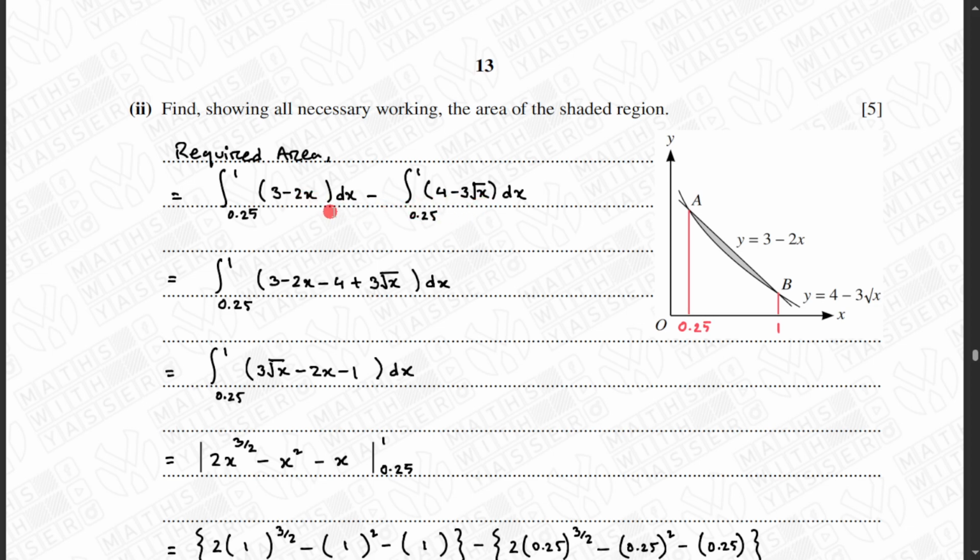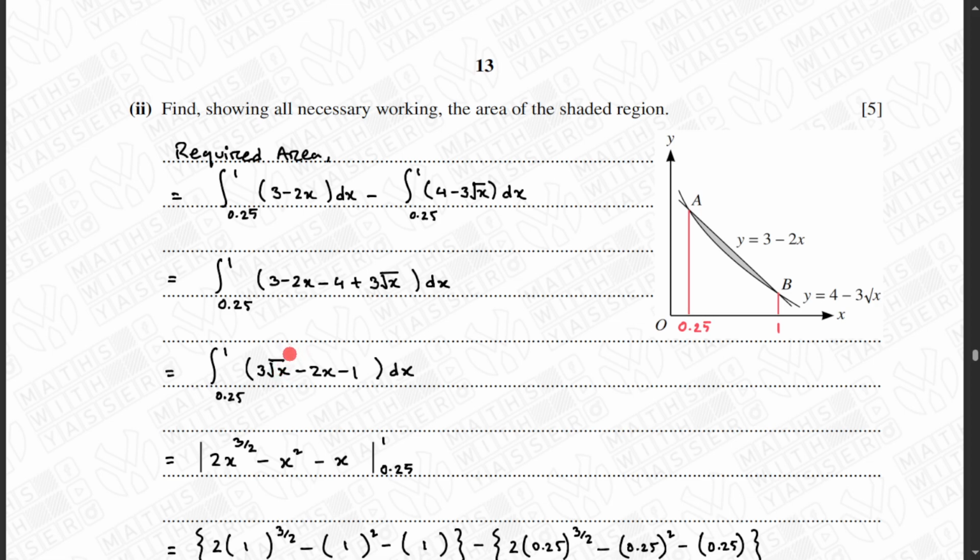If we simplify this equation further, we get 3 minus 2x minus 4 plus 3 root x, and the limits still remain 1 and 0.25. So again simplifying this, we get 3 root x minus 2x minus 1. Then if we integrate, square root of x means x to the power half.